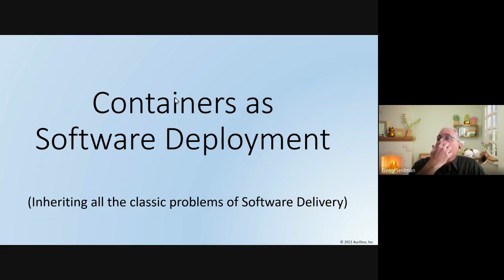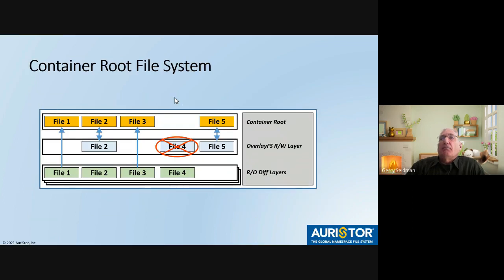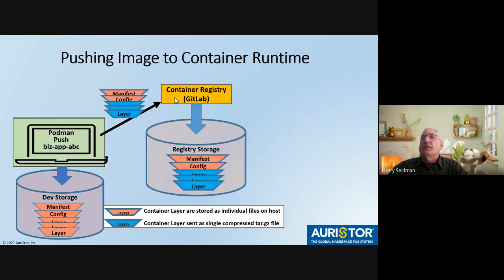Now I want to talk a little bit about containers as software deployment, inheriting all the classic problems of software delivery. So, a very quick slide, we all know this: at runtime, you've got an overlay file system presented to the container, where the root is the read-write layer, and then there's a list of read-only diff layers.